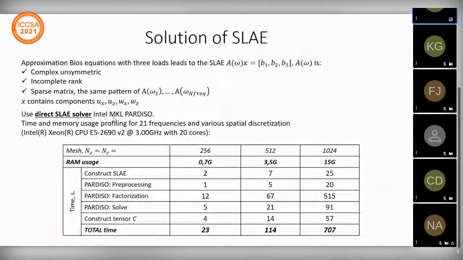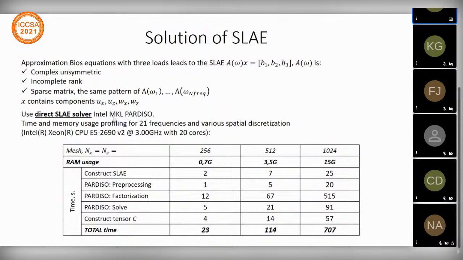And what we are doing to solve the Biot equations. As I told before, we are using finite differences to approximate the solution, and then we finish up with some matrix and some system of linear algebraic equations which have to be solved. The problem is complex unsymmetric.